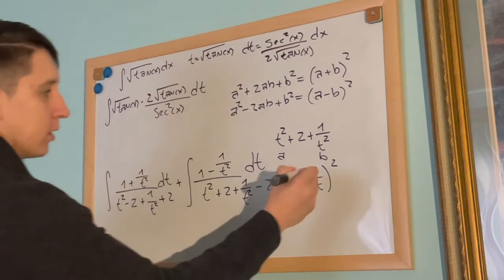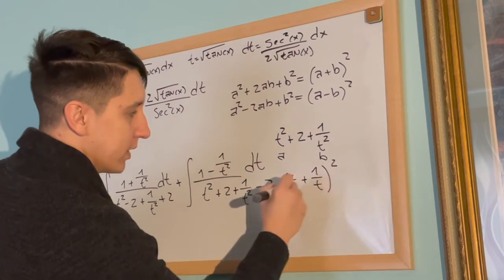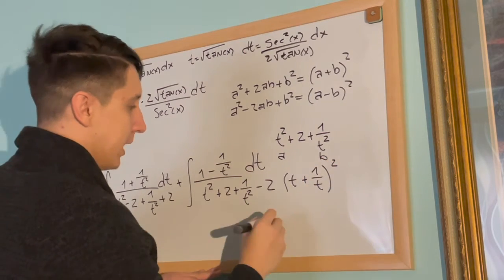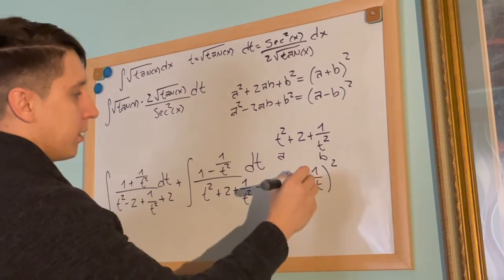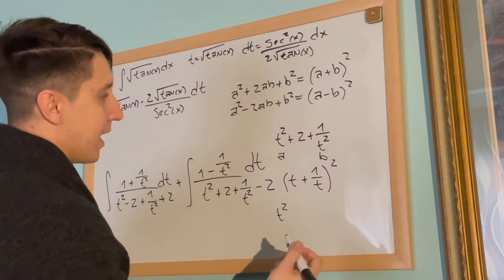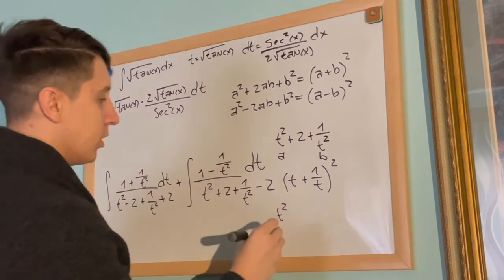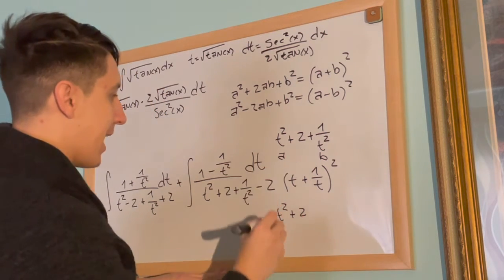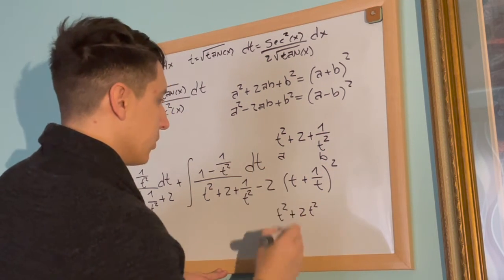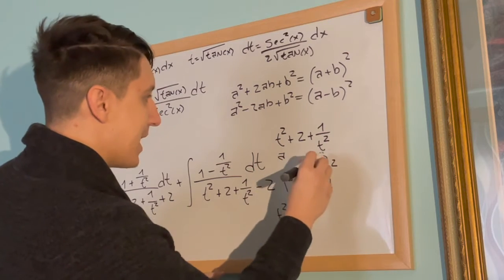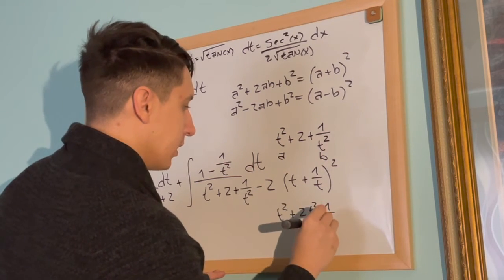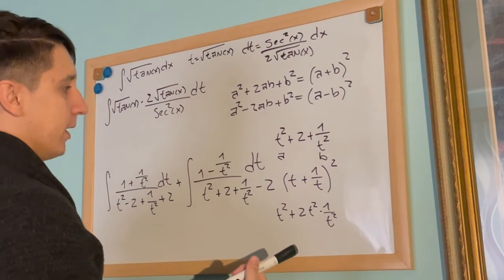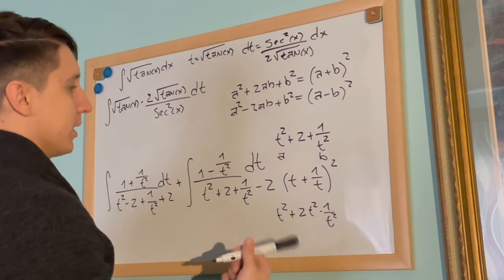Why? Because if I was to expand this from algebra, we know that we would have t squared plus 2 times a times b. Well, the thing is, if I have plus 2 times a, which is t squared, and then b, which is 1 over t squared, we would also have the plus b squared.